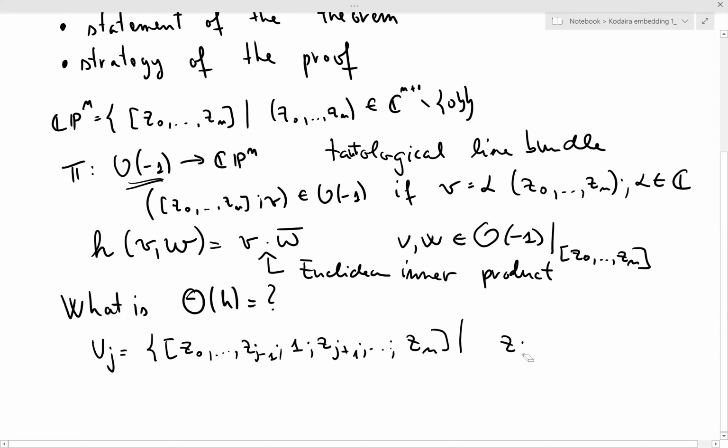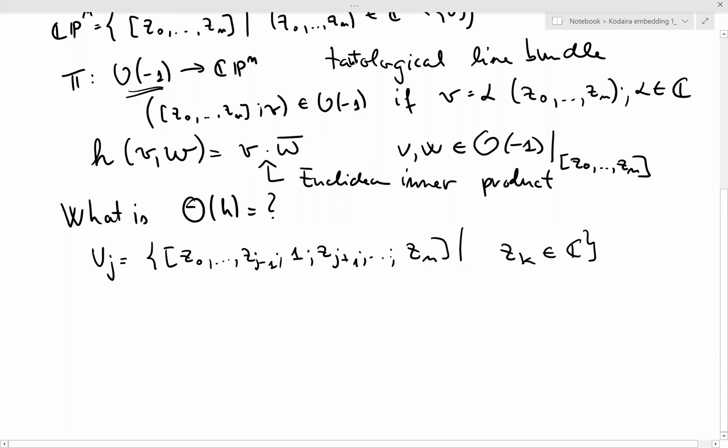So Z_k is in C. As you know well, the union of the U_j's is CP^n.